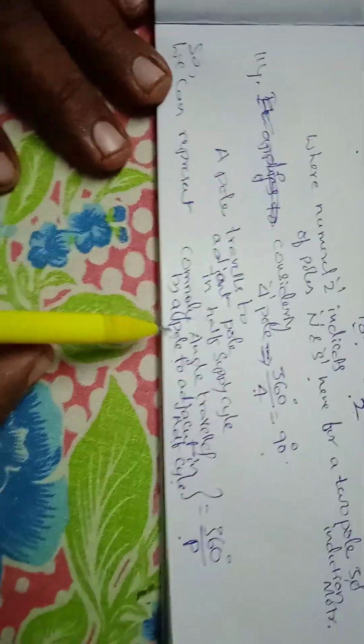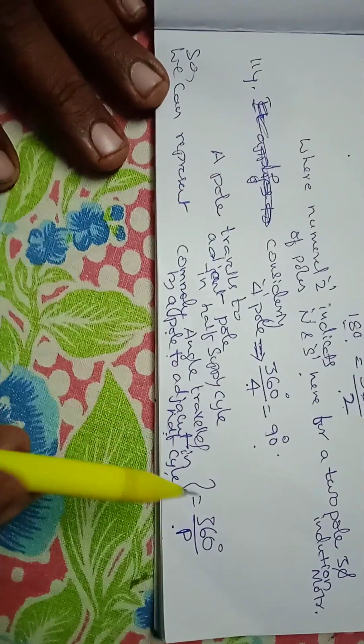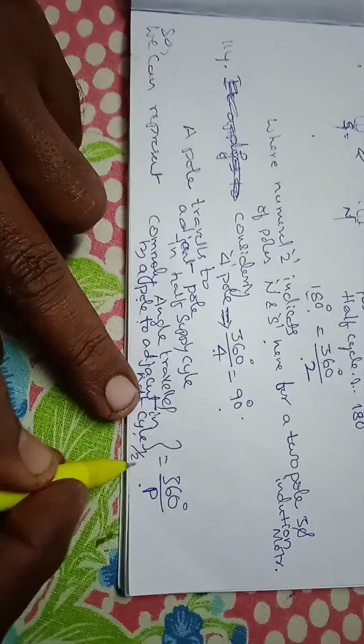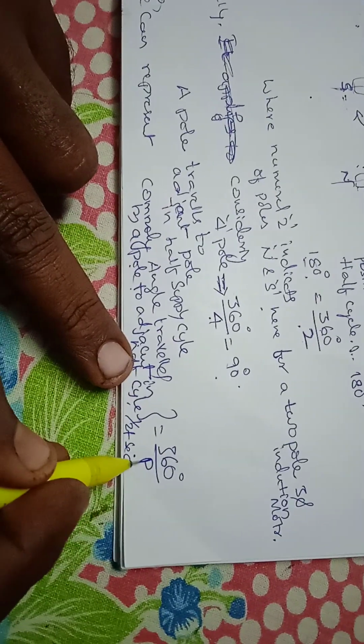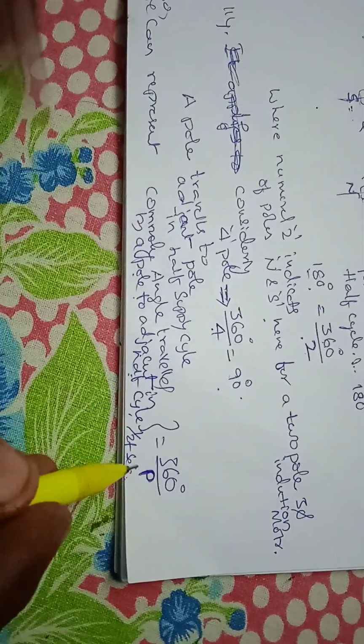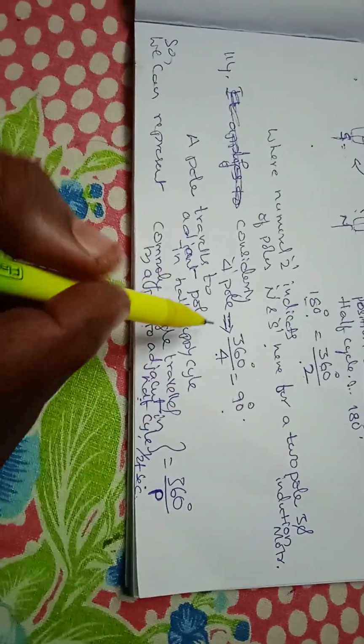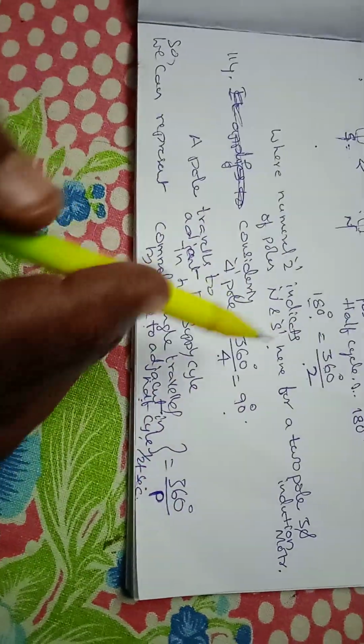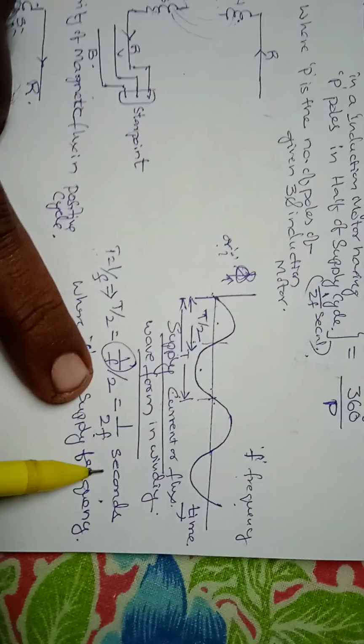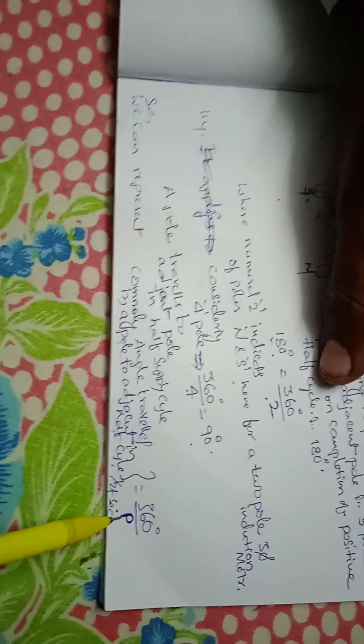So commonly we can say that the angle traveled by a pole to the adjacent pole in half a cycle, that is 1 by 2f seconds, is 360 degrees by P. It is a common formula. So we have proved that a pole travels to its adjacent pole in half a cycle, that is 1 by 2f seconds, equal to 360 degrees by the number of poles.